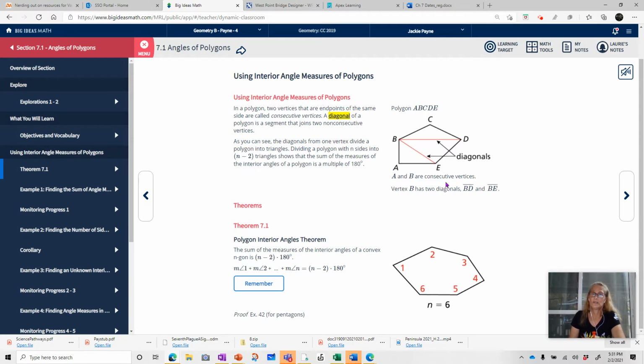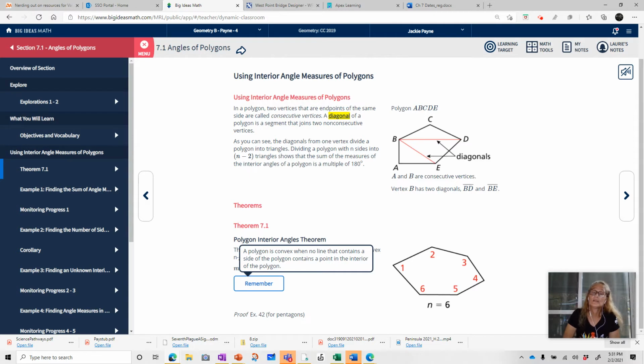So in this one, if n is 5, n minus 2 is 3, there are 3 triangles of 180 degrees each, and so 3 times 180 is 540. So for this one, if n equals 6, then n minus 2 is 4. From there, we're going to do times 180 degrees, and that's going to give us 720.